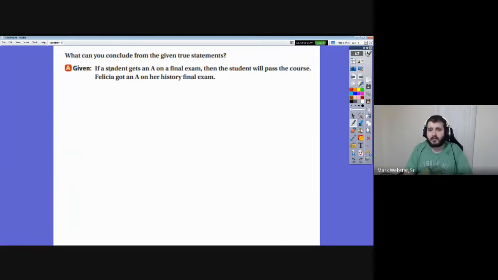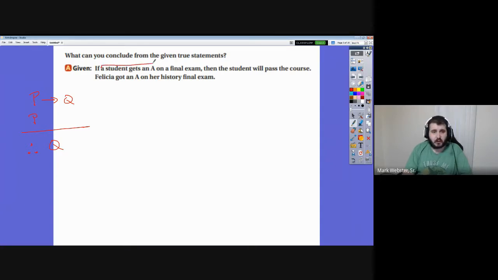So what I want to do is start off by taking this and breaking it down into the model that we just had, right? P implies Q, P, therefore Q. So remember, the thing that follows our if is our hypothesis.